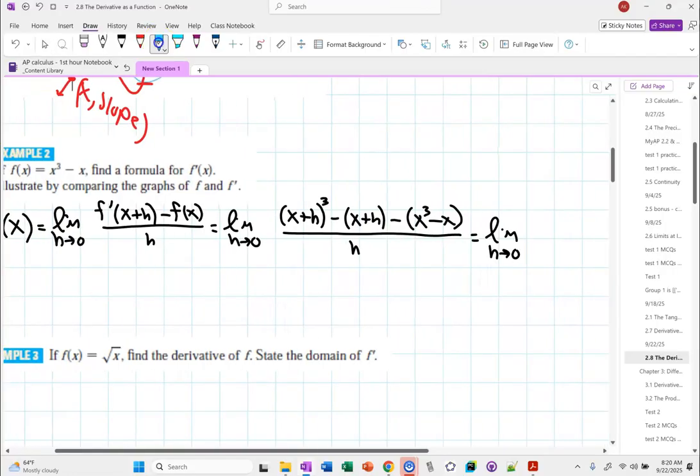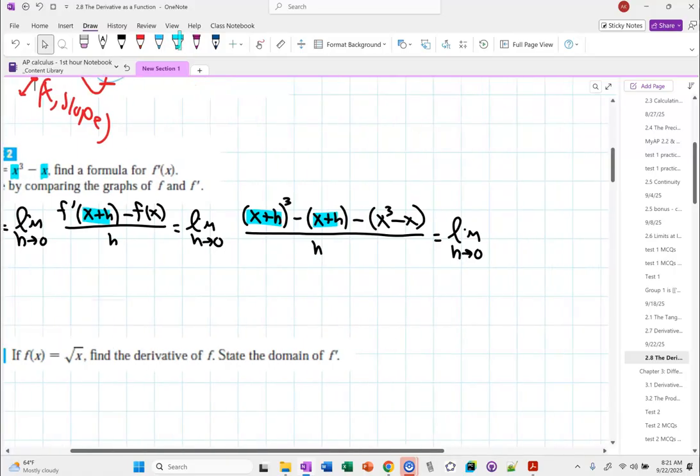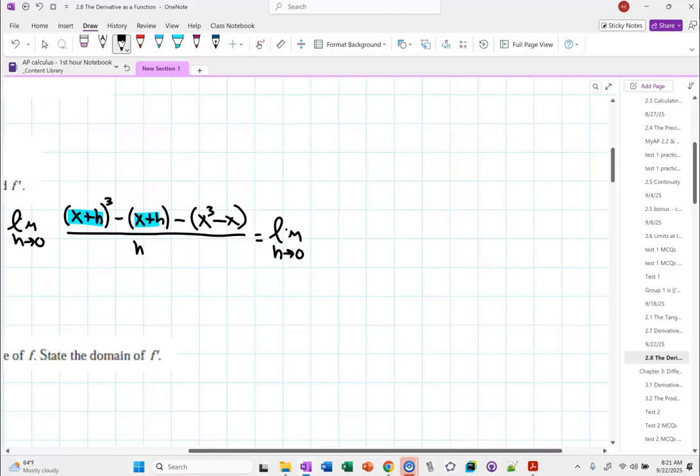So I took the x plus h, and then I plug it in to f, right? So I have this guy cubed minus this guy. Happy? Perfect. Again, I would not expect you to be able to do this in your head.